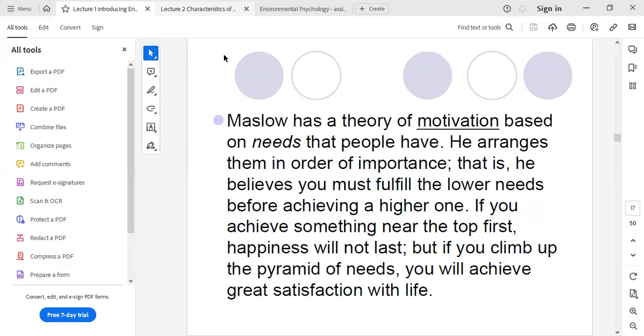You arrange them in order of importance, coming from the physical needs, starting from physical needs, social needs, emotional needs, and then as it goes to self-actualization and so on.